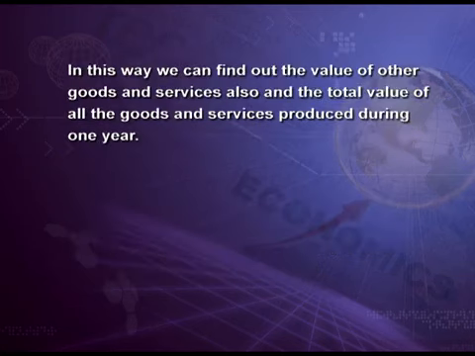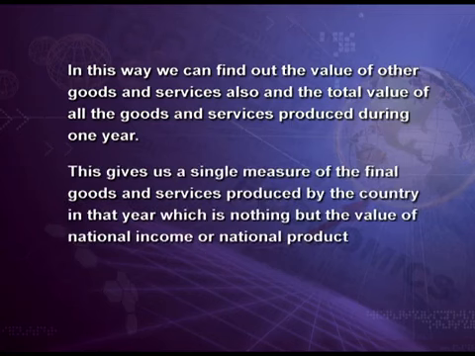In this way, we can find out the value of other goods and services also, and the total value of all the goods and services produced during 1 year. Only this gives us a single measure of the final goods and services produced by the country in that year, which is nothing but the value of national income or national product.